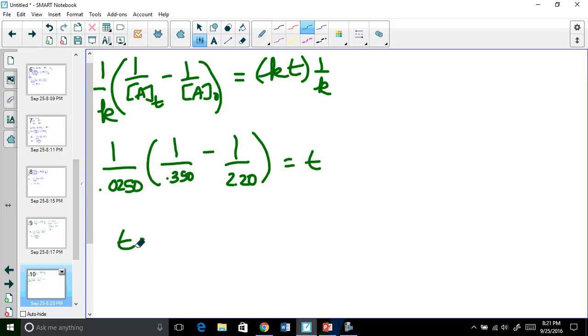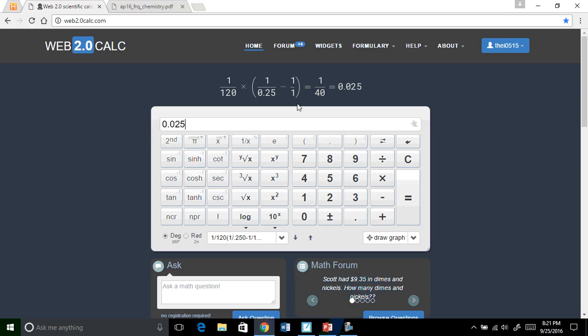So the time is, and then finally going back to whatever calculator you're going to use, it's 1 divided by 0.0250, not that you needed that 0, times 1 divided by 2.20 minus 1 divided by 0.350, and it's a math thing, it'll drop those.